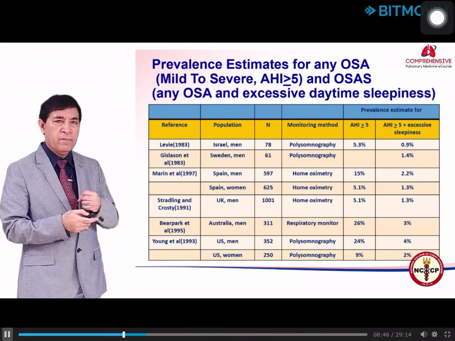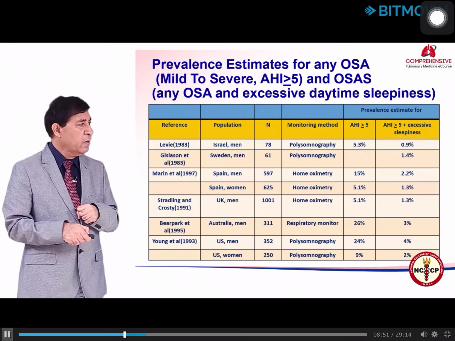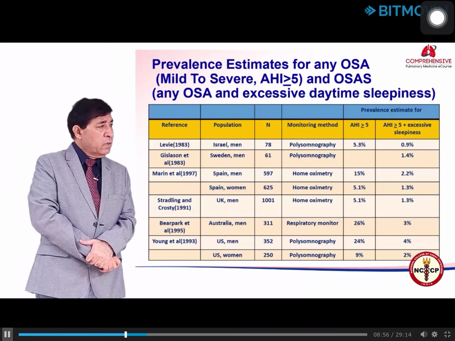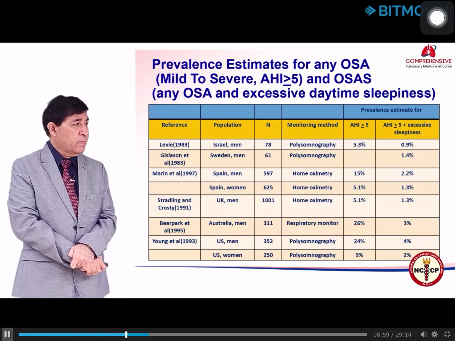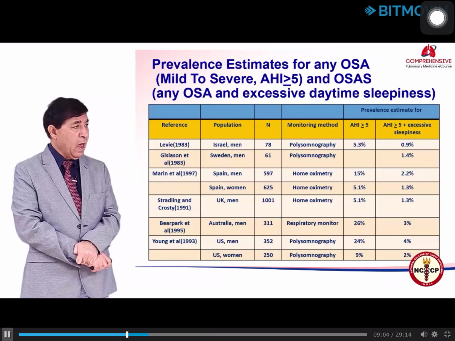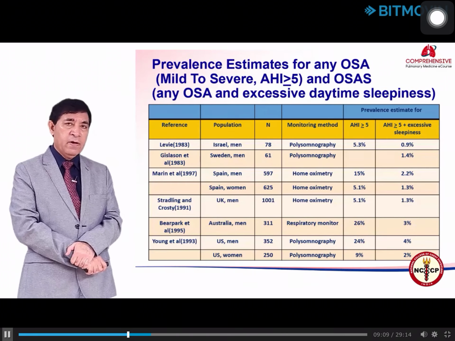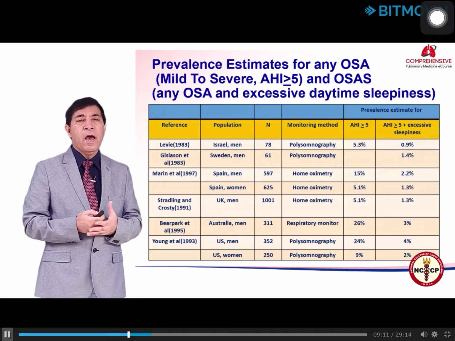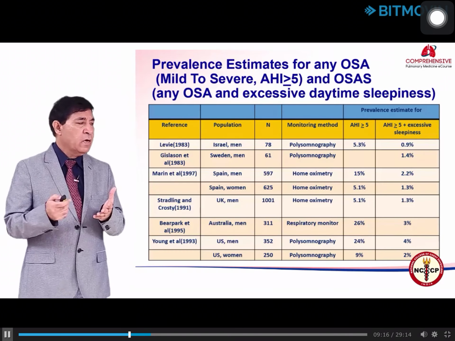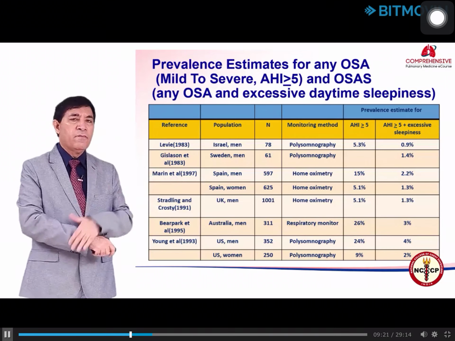In one of the original studies, by Terry Young in 1993, they found that about 25% of US men had an apnea hypopnea index of more than 5, and when you combine this with symptoms of excessive daytime sleepiness and fatigue or tiredness, it was something to the tune of 4%.